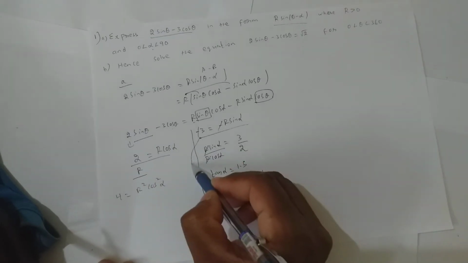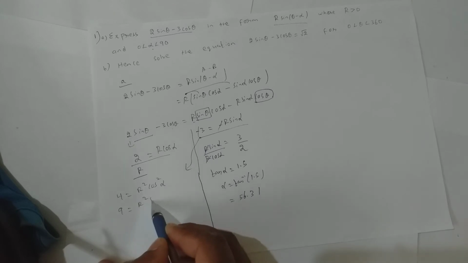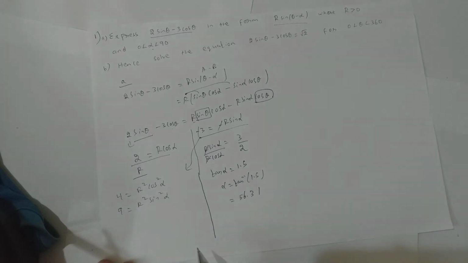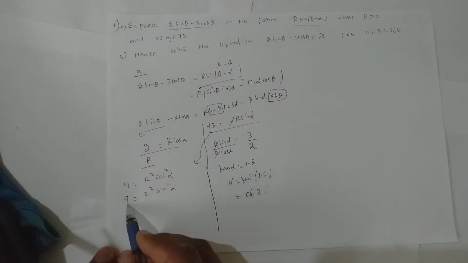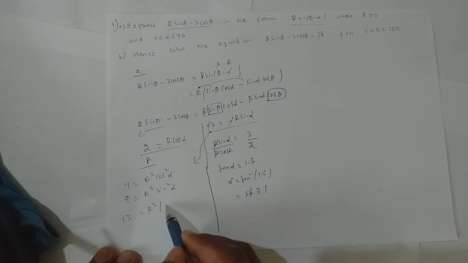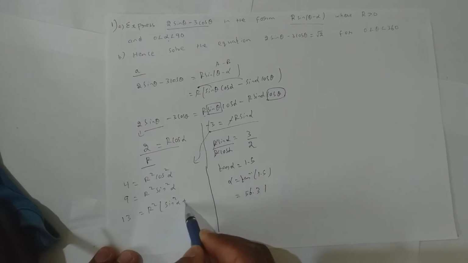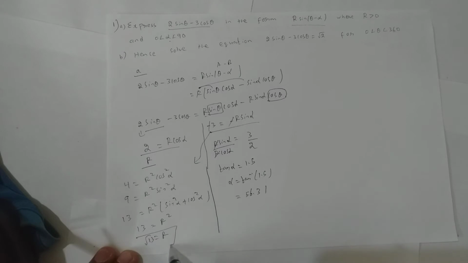And if you square this, it becomes 9 equals r square sin square alpha. Now add these two. So what does it become? 4 plus 9 is 13, equal to, taking r square common, sin square alpha plus cos square alpha. That means r square equals 13, so r equals root 13.